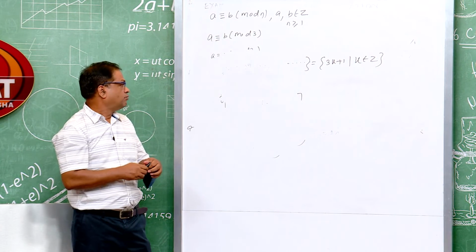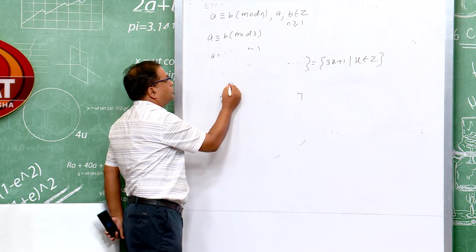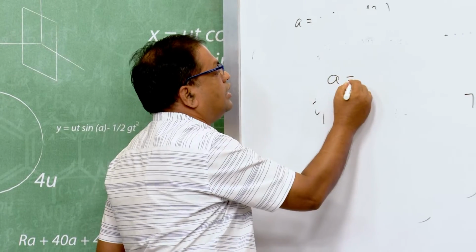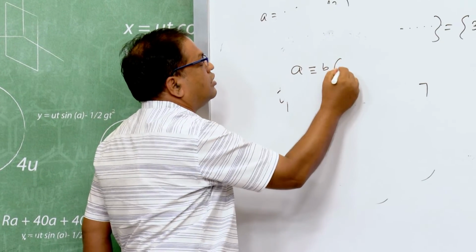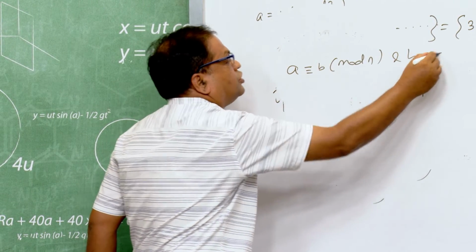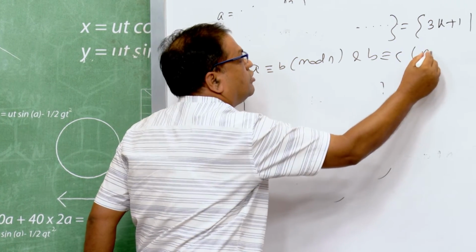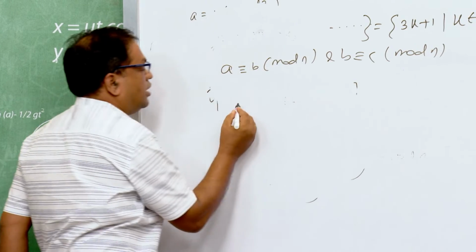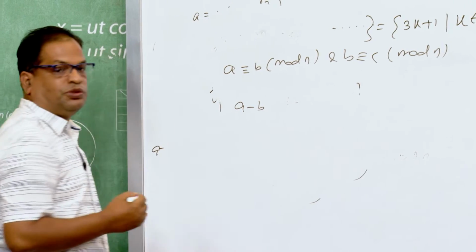So, last step I am again solving here. A is congruent to B mod n and B is congruent to C mod n. That means, A minus B is divisible by n.